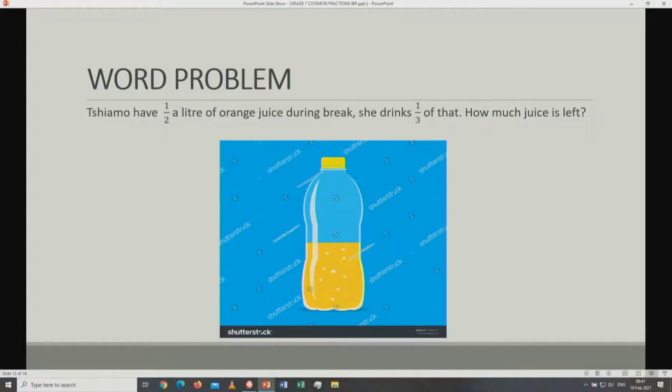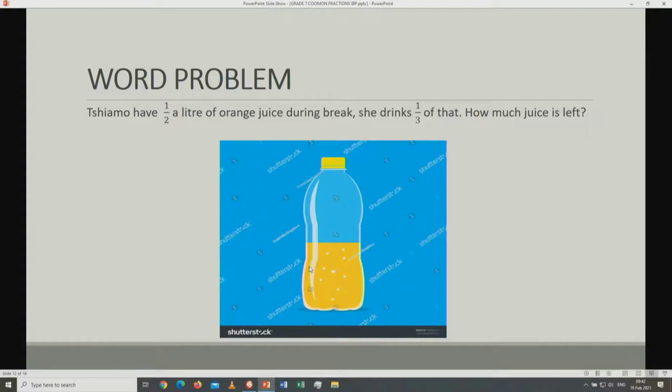Now, Tiamo has 1/2 a liter of orange juice during break. If she drinks 1/3 of that, how much juice is left? Now remember, guys, we've got to be able to analyze this situation. Tiamo had a half. Now when you drink something, it means that it won't remain as half.